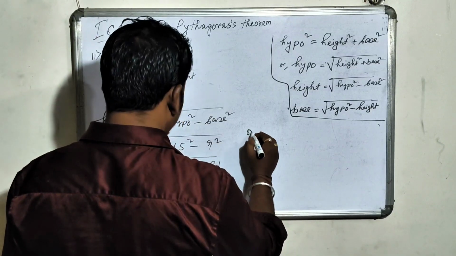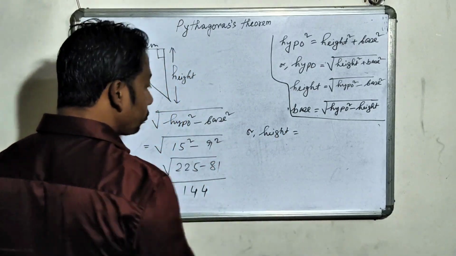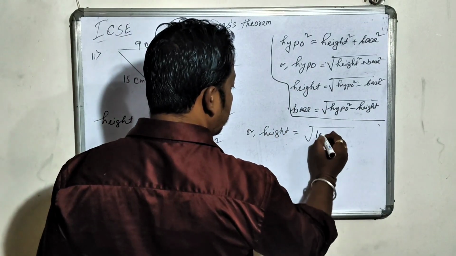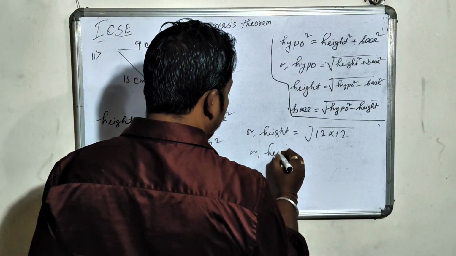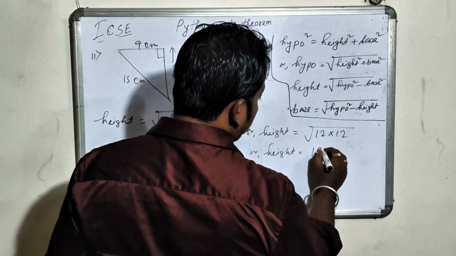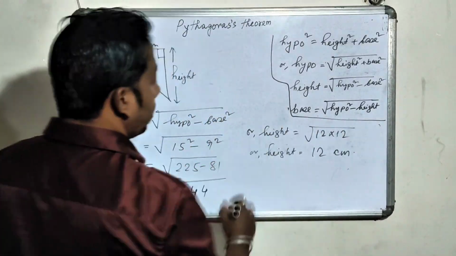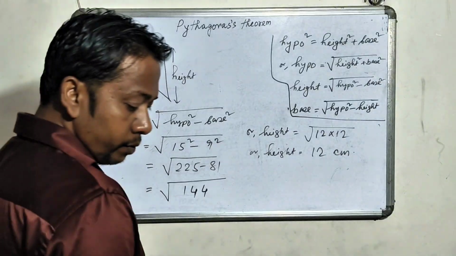That is, height equals root of 144, which means 12 into 12. Height equals 12 centimeter. Finished. Question number 2 finished.